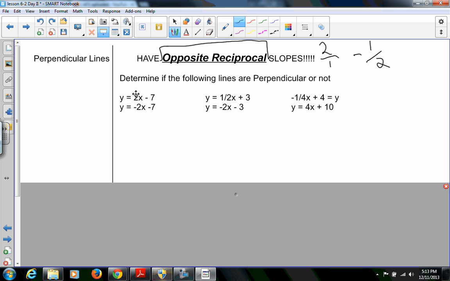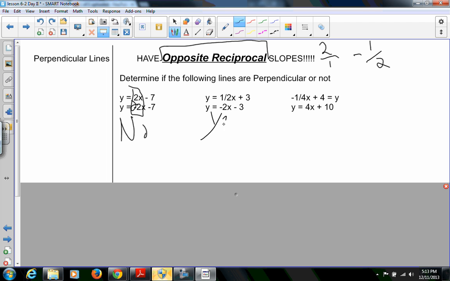So if we look at this, is this an opposite reciprocal slope for these? Well, it's clearly opposite, but they're not reciprocal. So this one is no. Do these have opposite reciprocal slopes? If I have negative 2, the opposite of that is positive, and the reciprocal of 2 is 1/2. So I have negative 2, the opposite reciprocal is 1/2.